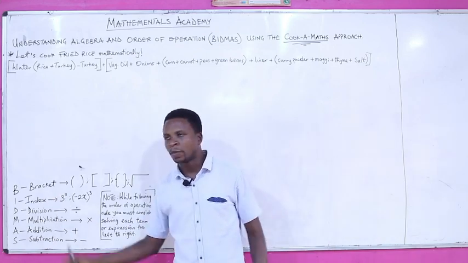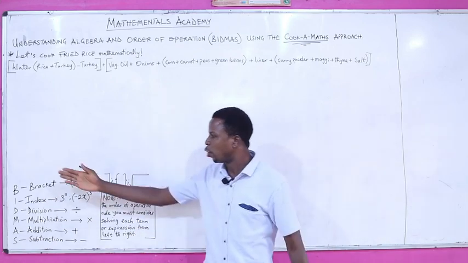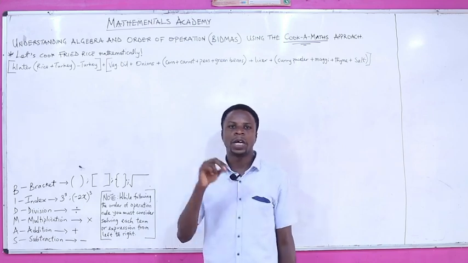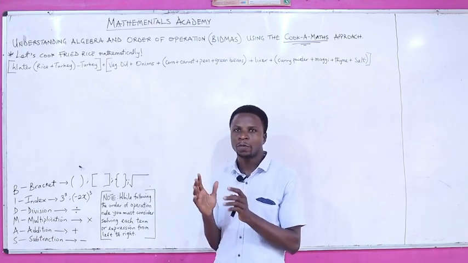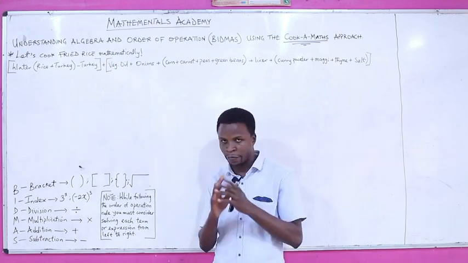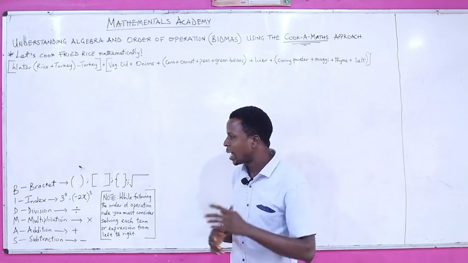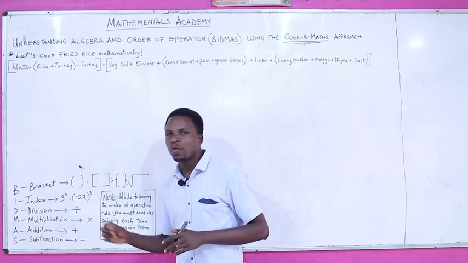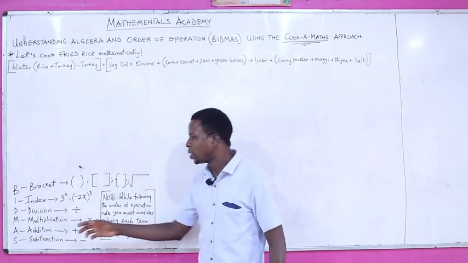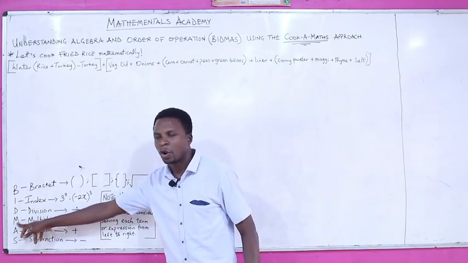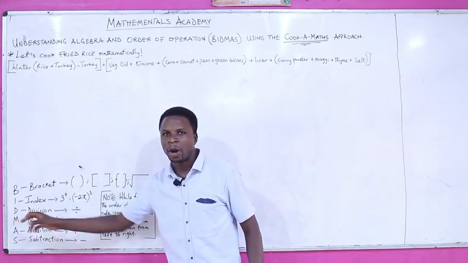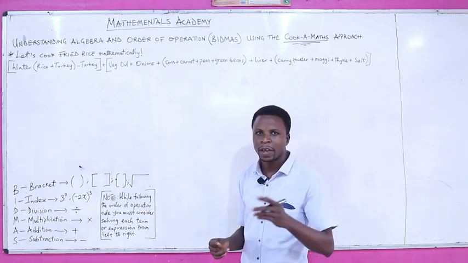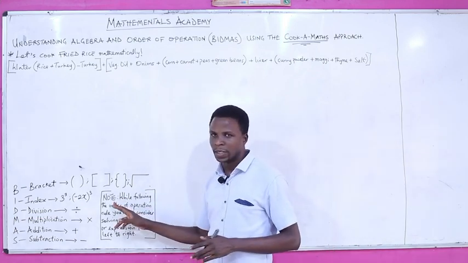Now I want to emphasize that even though we are following this process, division and multiplication don't have an order when comparing both of them. What that means is when you are trying to solve a problem and you see multiplication coming first before division, you are meant to solve multiplication first. Why is that?